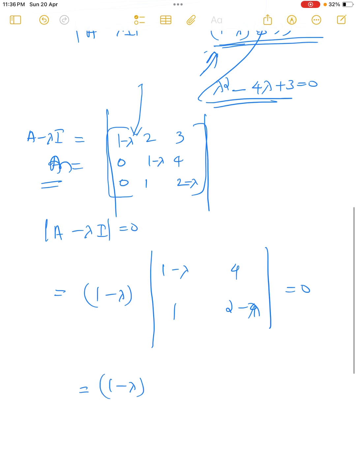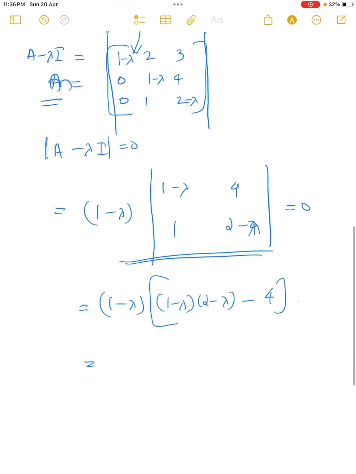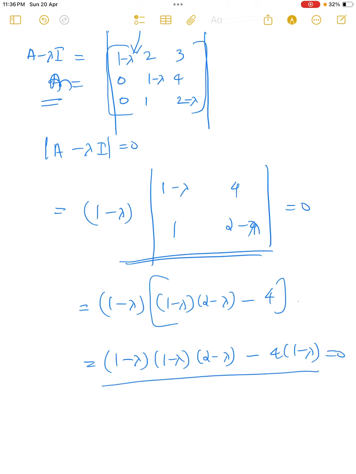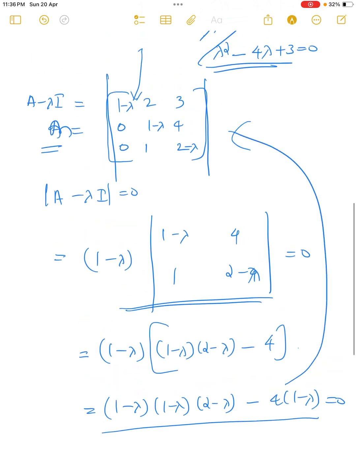So it is 1 minus lambda into the determinant of this 2 by 2 matrix, which is 1 minus lambda into 2 minus lambda minus 4. We can simplify this: 1 minus lambda into 1 minus lambda into 2 minus lambda minus 4, which is equal to 0. This equation is called the characteristic equation. This is the characteristic equation of the given matrix A.